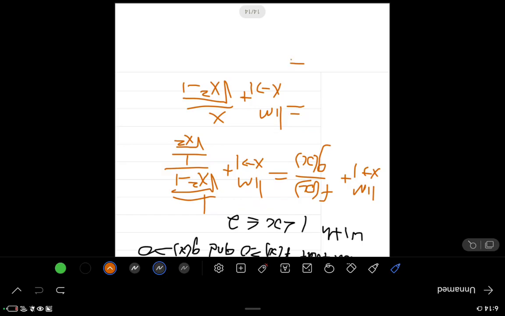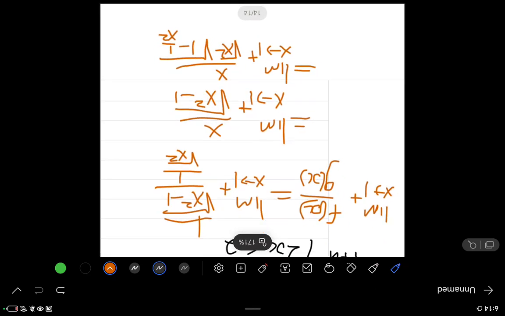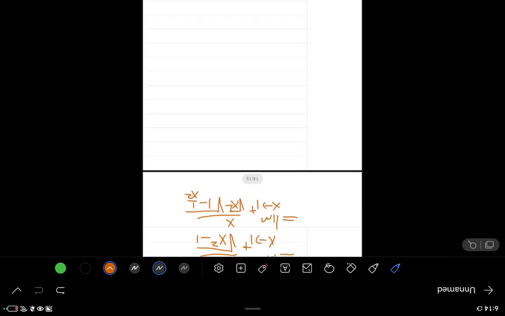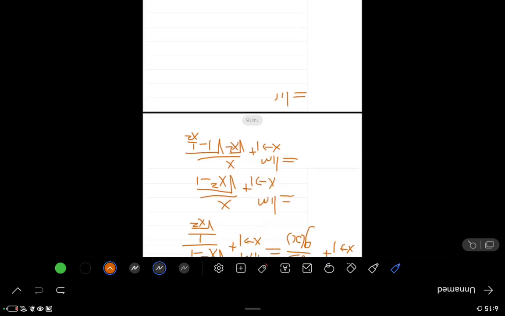If I factor out x on the denominator, I would have x. Since we're approaching from the positive, the x will come out as positive. So this will be x over x times root of 1 minus 1 over x squared.